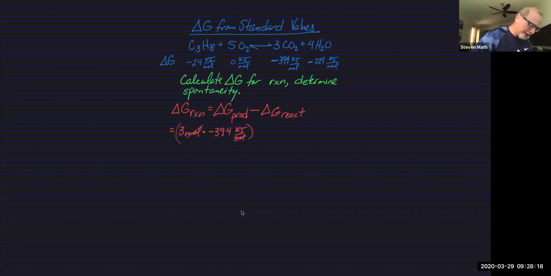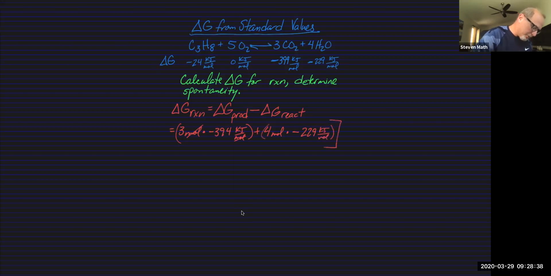So now when we multiply that out, that's going to clean up my moles. My moles are going to cancel. We're going to add that to the 4 moles of water, and water has a free energy value of negative 229 kilojoules per mole.